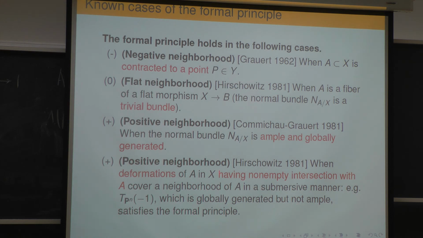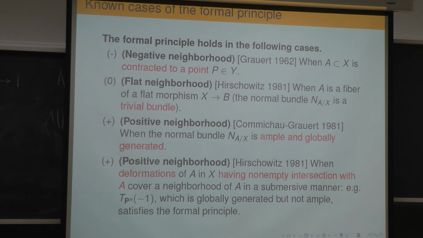But they are different. For example, consider the tangent bundle of projective space twisted by -1. This is not an ample vector bundle, but it's globally generated. The Hirschowitz result applies here, but not Commichau and Grauert. So these two results are very close, but somewhat different.